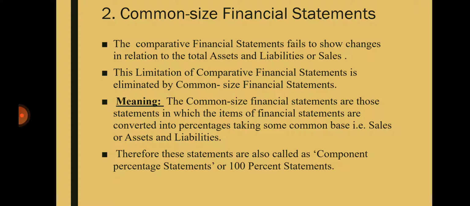Okay, and therefore these statements are also called as component percentage statement or 100% statement, which means that when you prepare the income statement, all the items of the income statement will be expressed as compared to the sales. Okay, so here the sales will be common base, and based on this all the items of the income statement will be expressed in the form of percentage.